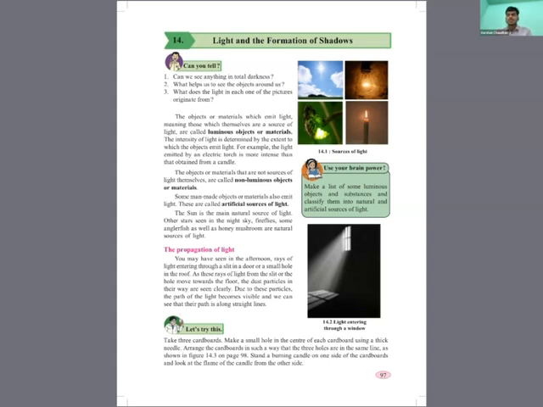What is reflection of light? Let us know. Here we understand by a diagram. Suppose this is our reflecting surface.